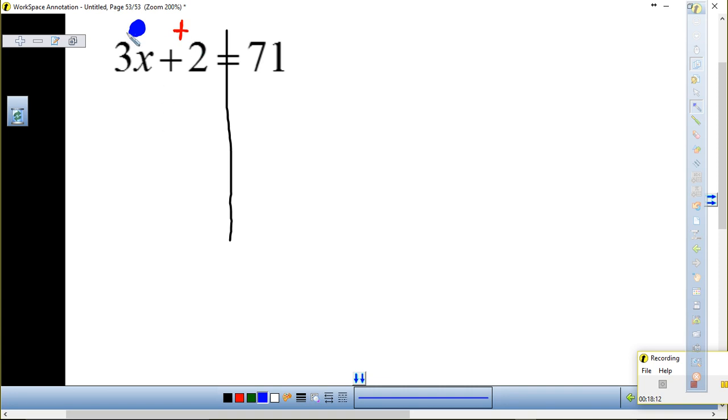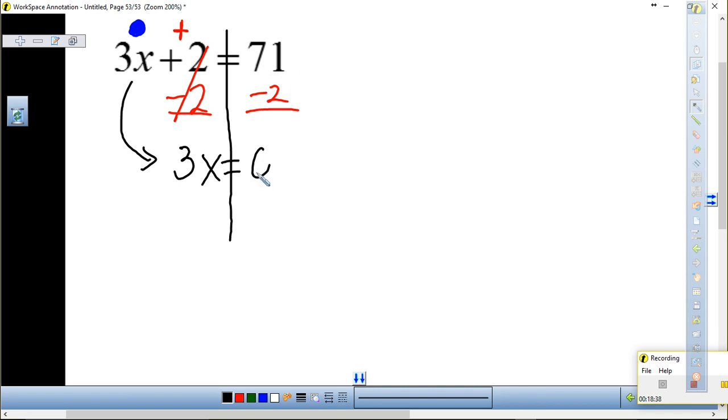So now, where do we start unwrapping this gift? The bow, which is what? Addition. So what is the opposite of addition? So we subtract 2, subtract 2. This cancels. I want you to bring down the 3x equals 71 minus 2, that's 69.